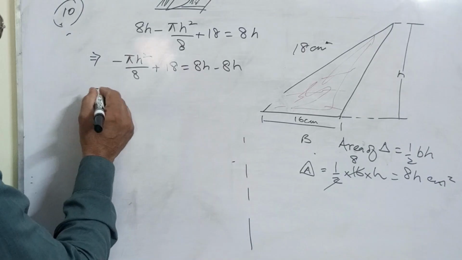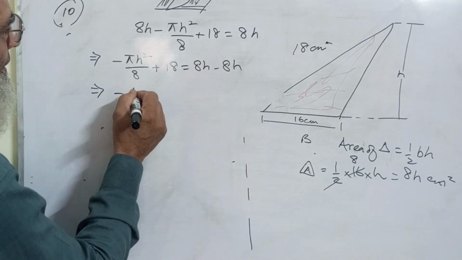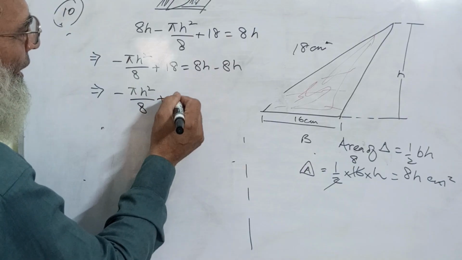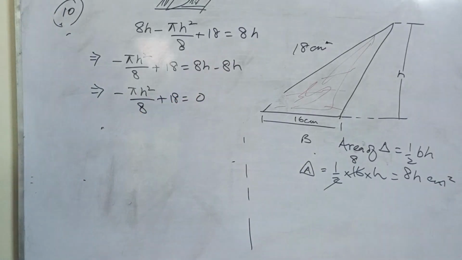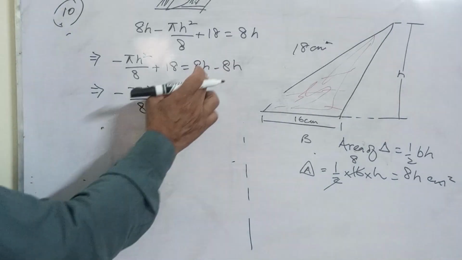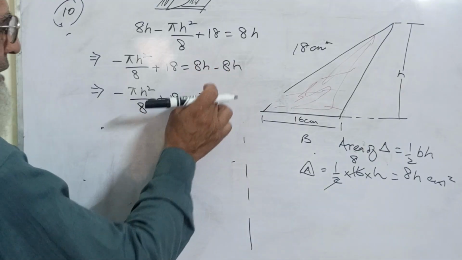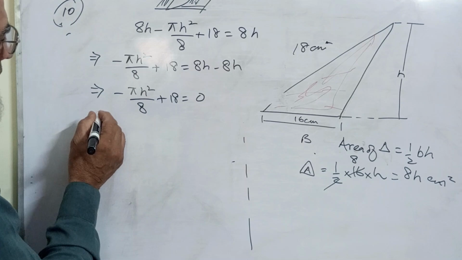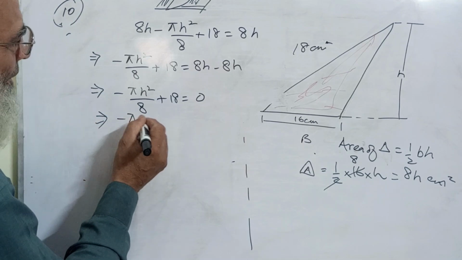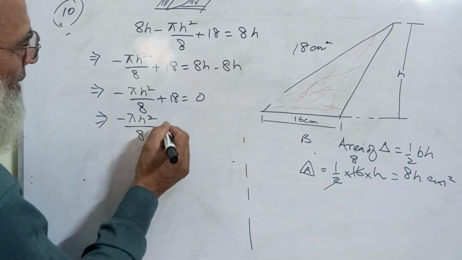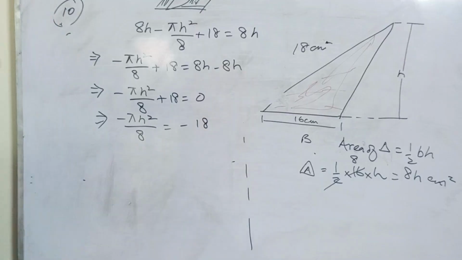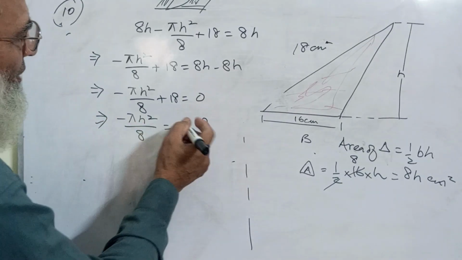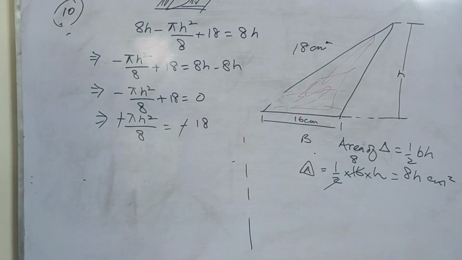Next step is minus pi h square by 8 plus 18 is equal to 0. 8h minus 8h is equal to 0. Minus pi h square by 8 is equal to minus 18. Now it is minus over here, it is minus over here. Cut both the minus.